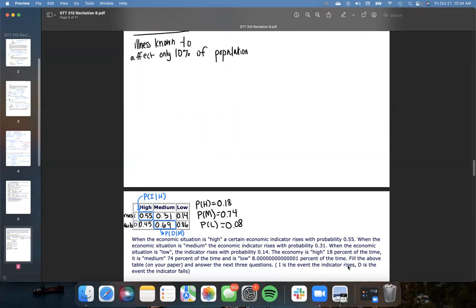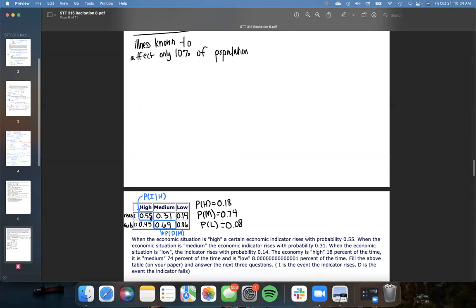Okay, so I is the event the indicator rises and D is the event that the indicator fails. So let's plug in the values in this table first. Here we were given this first row. So 0.55 is when the economic situation is high and the indicator rises.